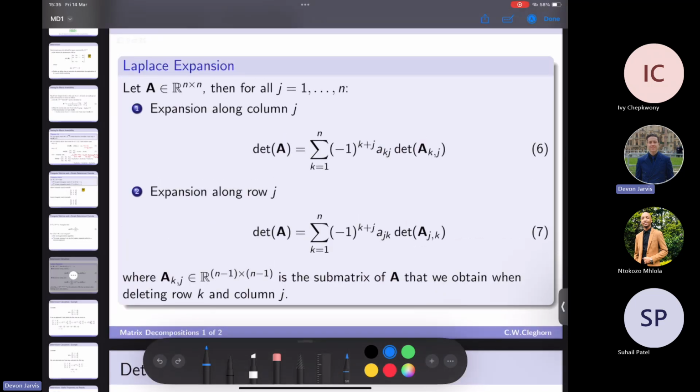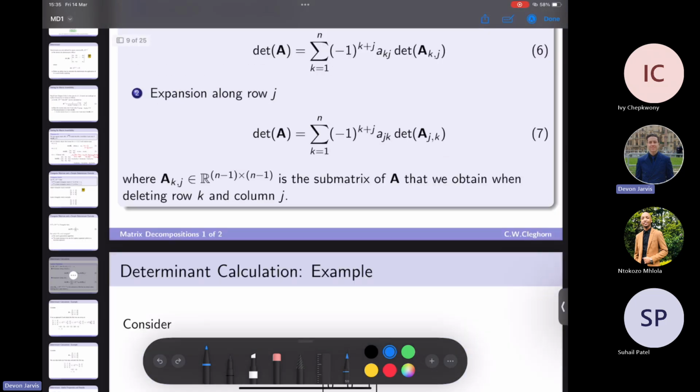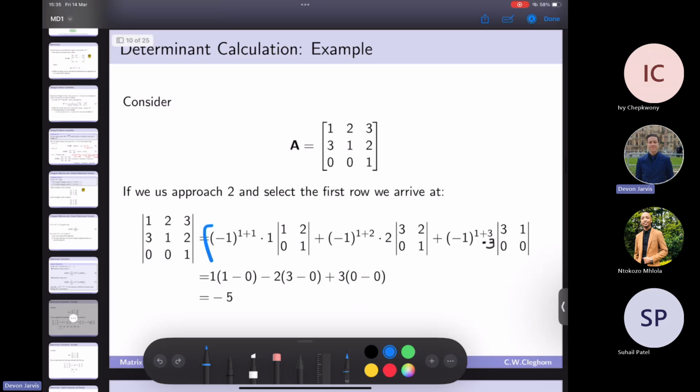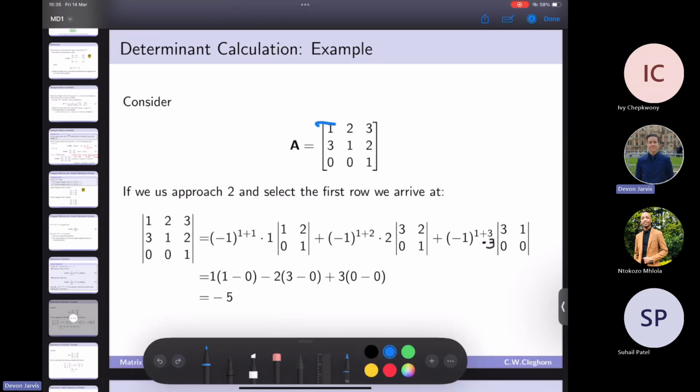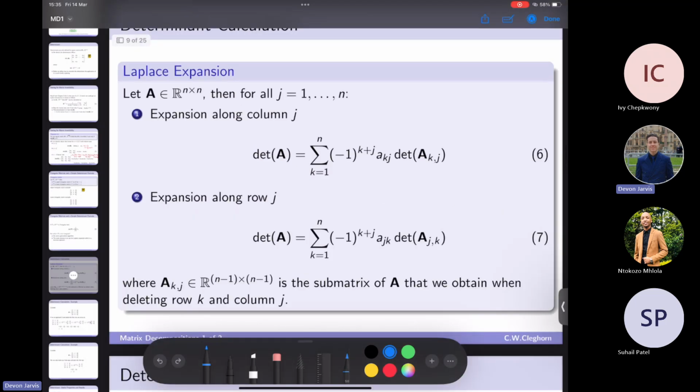But the same story holds, all right, it is the summation, where the sum is the number of rows or columns we have in our matrix. Again, it's square, so it's always going to be n for an n by n matrix. But for every single row or column, you're doing one of these things. Okay, so that's what the summation is indicating. We have 3 columns here, so we get 3 of these terms to solve. All right, so that's the summation coming through.